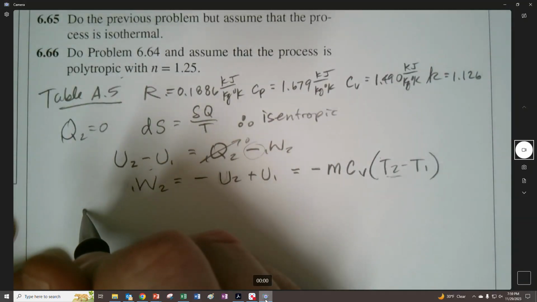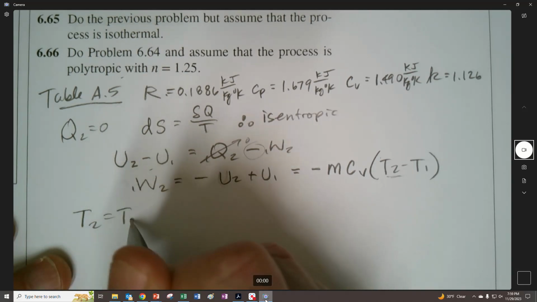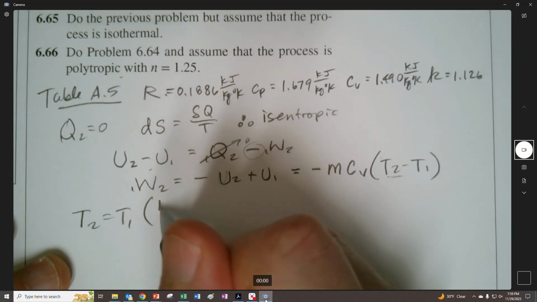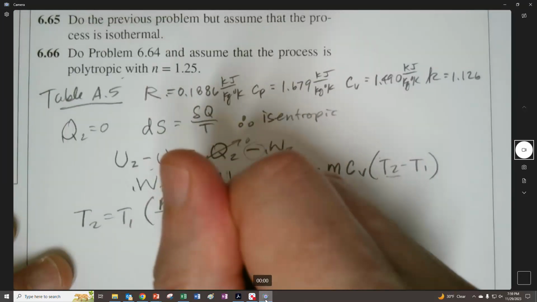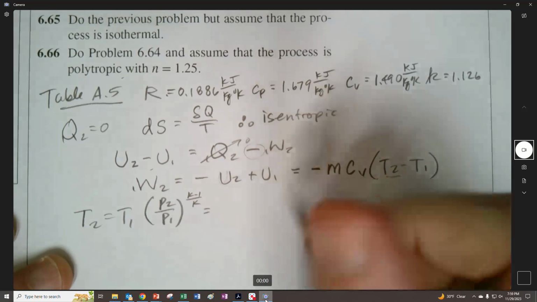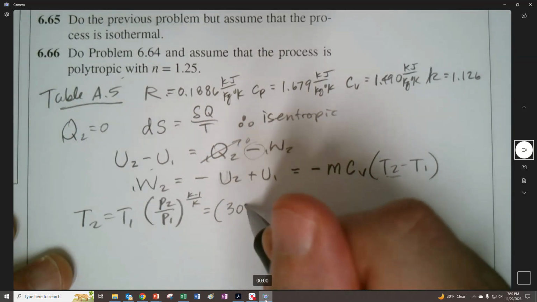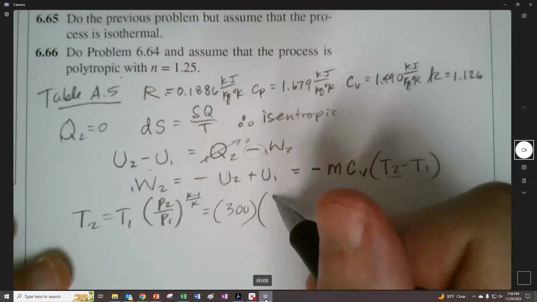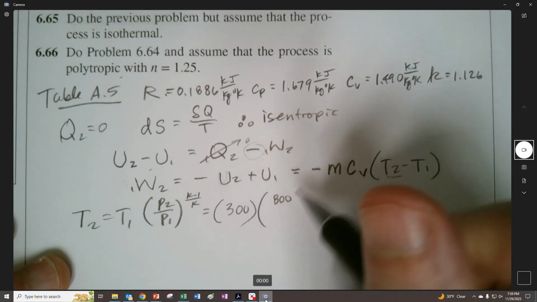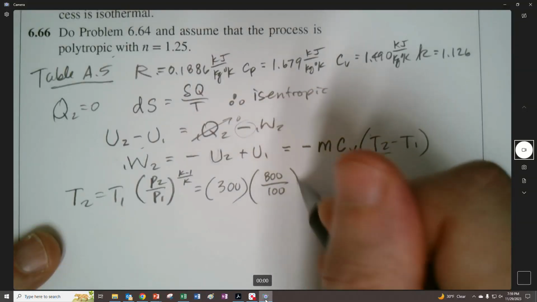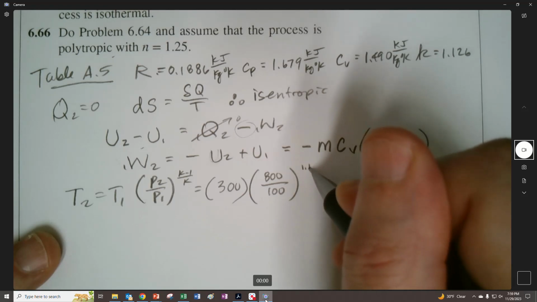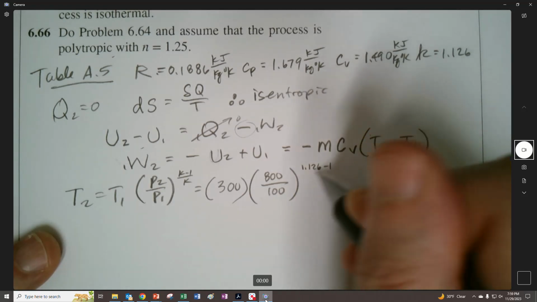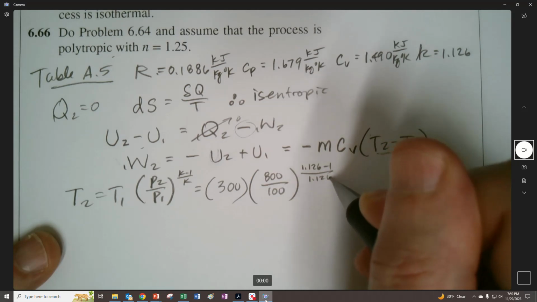So we'll write this out as T2 is equal to T1 times P2 over P1 raised to the (k minus 1) over k. That's 300 times 800 over 100, raised to the (1.126 minus 1) over 1.126.